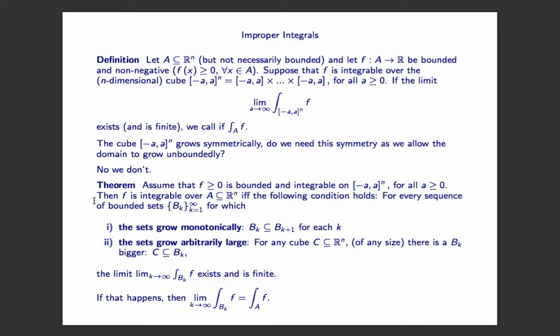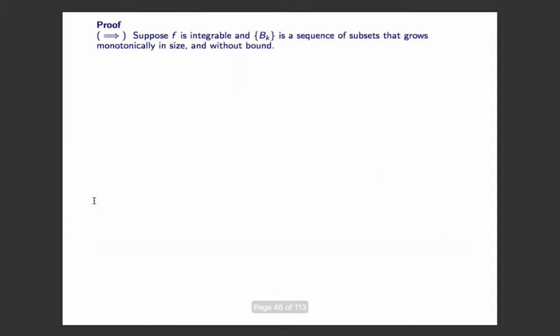So again, we've actually seen this result where instead of bounded sets in R^n, B_k, we had intervals B_k in R that contained any symmetric interval negative a to a. We've seen the theorem before, but then we didn't prove it. So let's take the opportunity to prove it now.